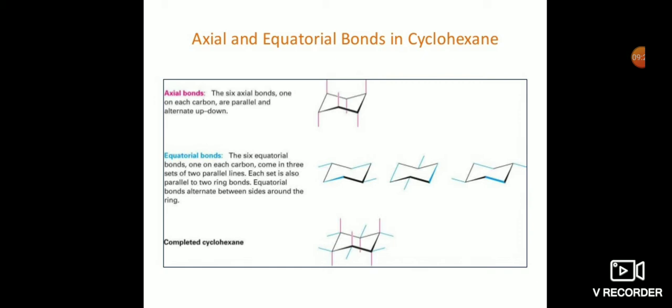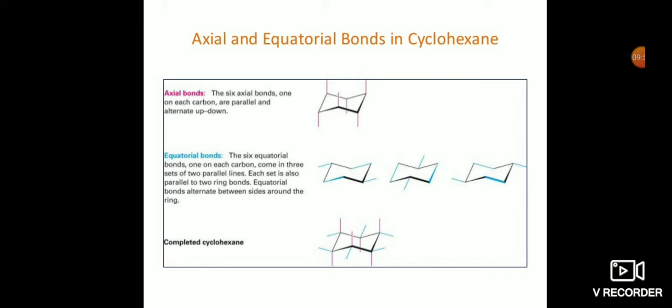Means you can see it's one axial bond present on each carbon. In cyclohexane there are 6 carbon, and on each and every carbon there is one axial bond, and the axial bond of carbon number 1 is in the upward direction.